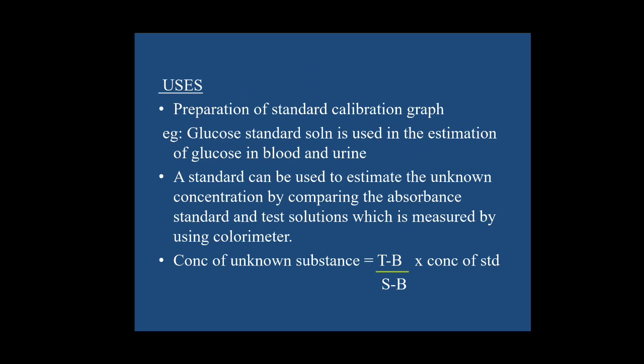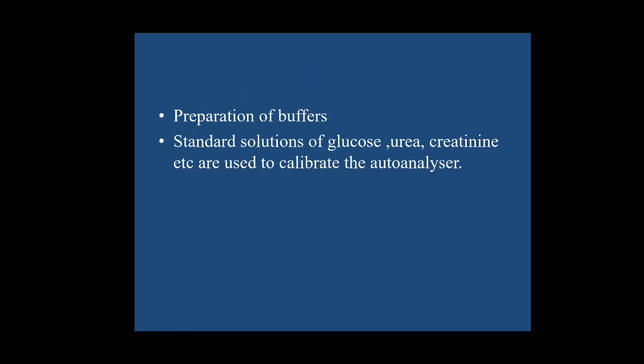For the calculation we require the standard value, like T minus B by S minus B into concentration of standard, where T is test and S is standard: test minus blank, standard minus blank, into concentration of standard. So mainly for unknown concentration estimation we require a standard.